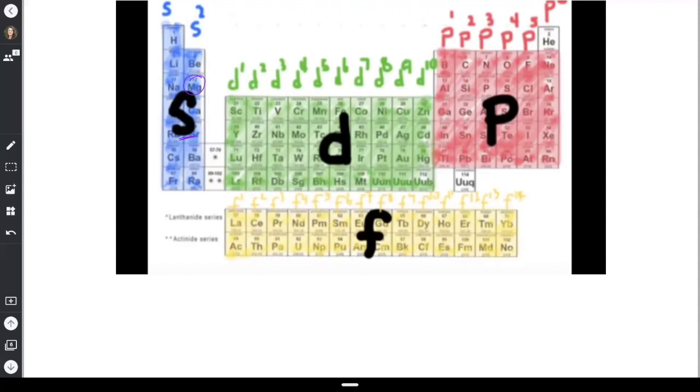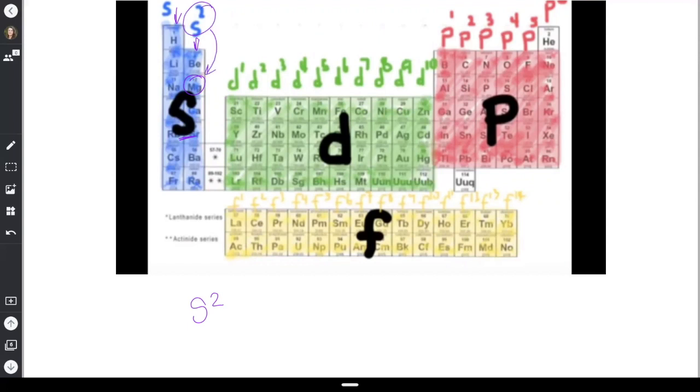And if you remember, how many can s hold in total? S can hold 2 electrons. Well, look, there are 2 columns in the s block of the periodic table. So magnesium will end in s2, because it's in the s block and it's the second column over.